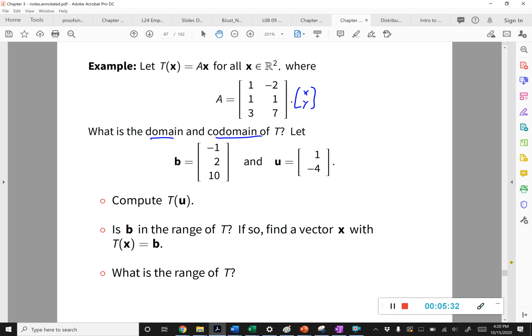We're going to end up with a vector in R3. So the domain is all of R2. We can multiply by anything there. Do we get all of R3? It's impossible for us to get all of R3. We can't span all of R3. We only have two vectors here.